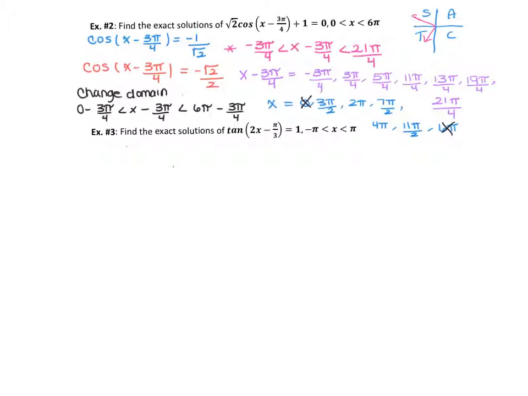All right? Okay. The next one is pretty challenging because you've got two domain changes here. You've got a 2 in front of your x, and you've got a minus pi over 3. So the very first thing that you want to do is apply the 2 to your domain.